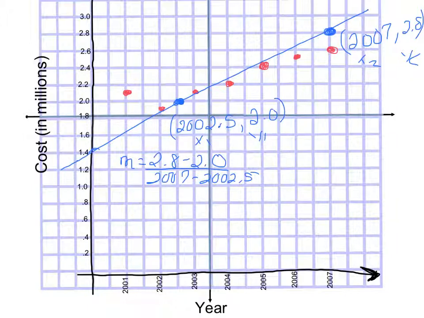Another thing to know with scatter plots, because we're all going to have different graphs, we're never going to be exactly the same, but we should be close. So I get a 0.8 on top and a 4.5 on the bottom. And doing top divided by bottom, I get about 0.18 for my slope.